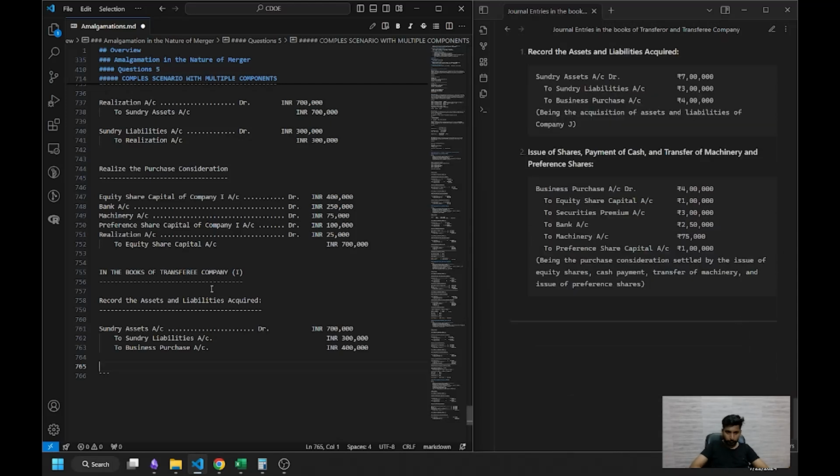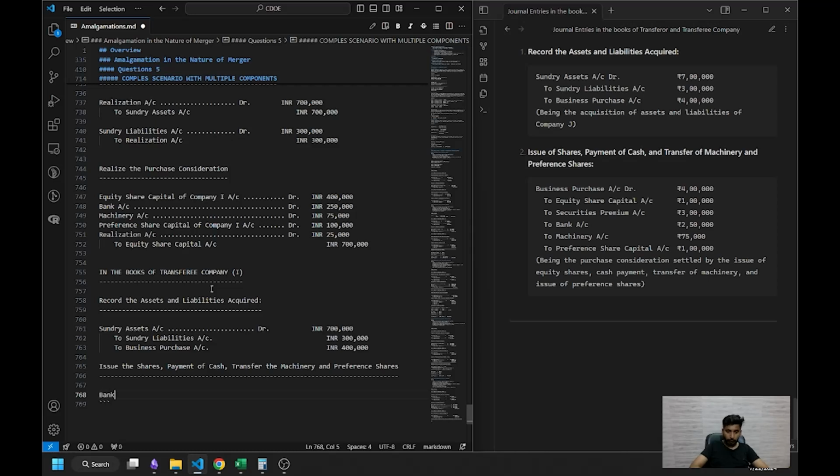After that, we will issue the shares, make payment in cash, and transfer the machinery and preference shares. This much work will be done.